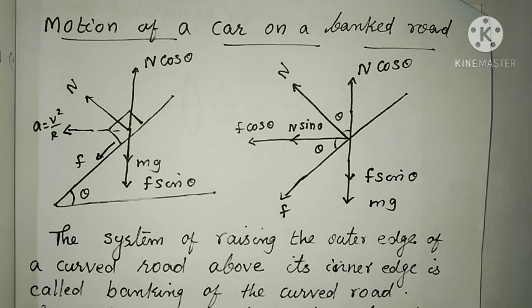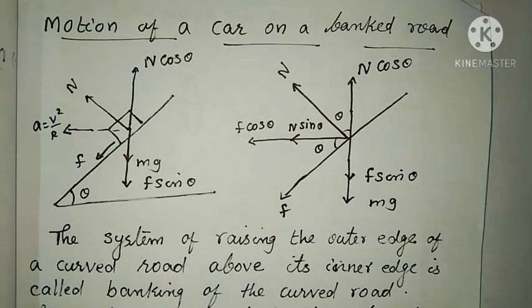To avoid this, the road is banked. That is, we give a proper inclination to the road, sloping upwards towards the outer circumference. When we bank the road like this, we can reduce the wearing out of tires, because the horizontal component of the normal reaction provides the necessary centripetal force.